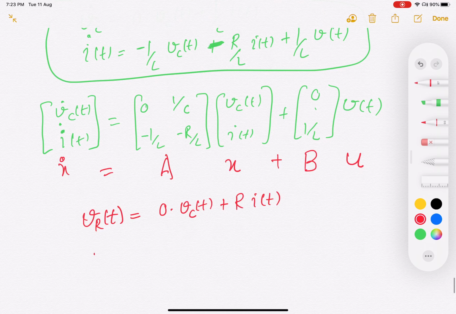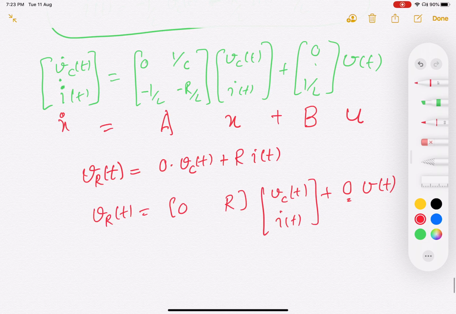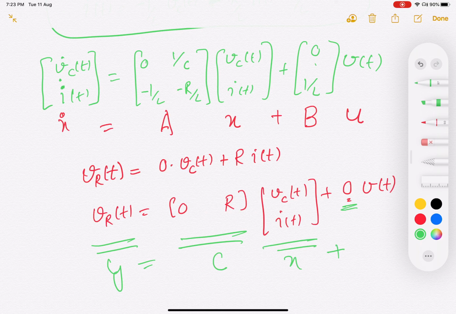So the output equation VR(t) is equal to 0, R times Vc(t), i(t), plus 0 times V(t), because there is no D term here. So this is your output equation. Y is equal to CX plus DU, where this 0 is D and this is U.